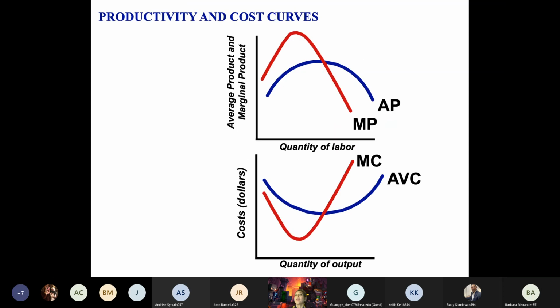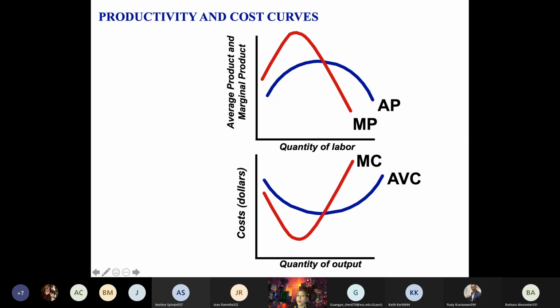Now, there's even more to this story. There are marginal cost and average cost curves that we saw before, and we saw the marginal product and average product curves. And things are related. As the marginal product of an extra worker goes up, the cost of production is going down because it's cheaper and cheaper to produce.